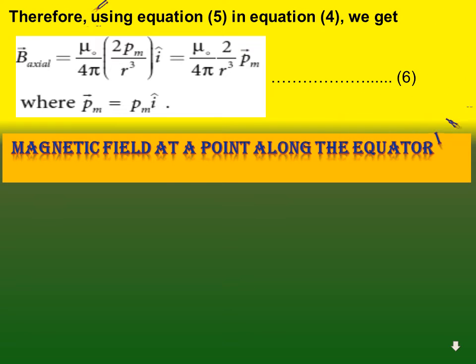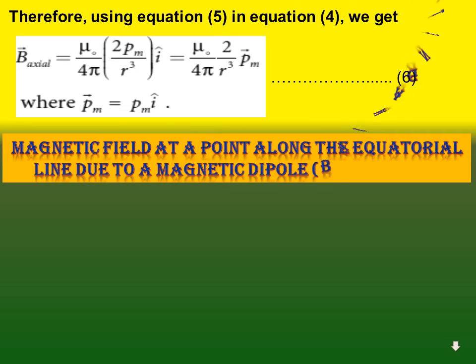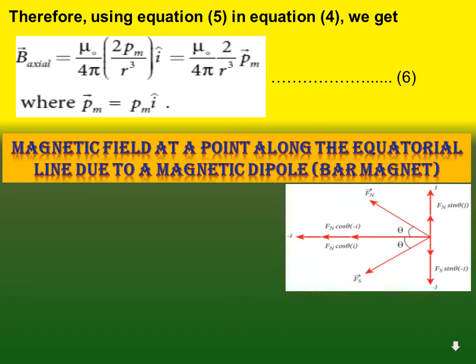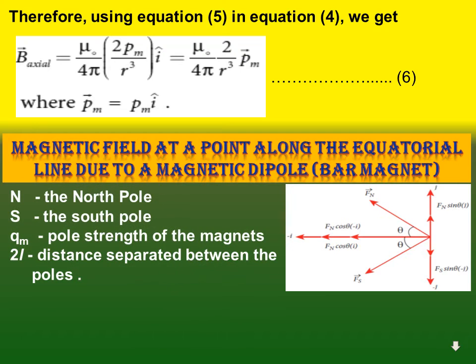Next, let's see the magnetic field at a point along the equatorial line due to a magnetic dipole of a bar magnet. Let us consider a bar magnet NS as shown above.